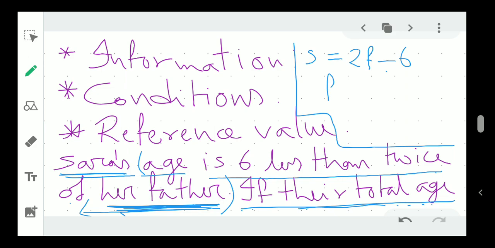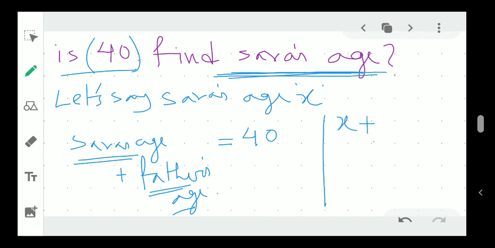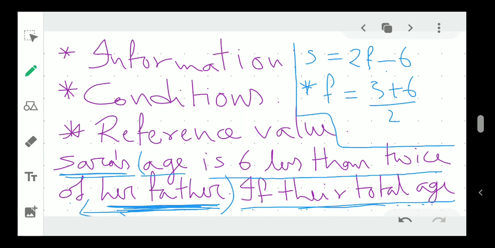Now from here you have to find out F again. That will be (S plus 6) by 2. That you can do it. Then you have to put it here. So that will be very difficult for you. So when you encounter this kind of problem, you do not need to do these things.